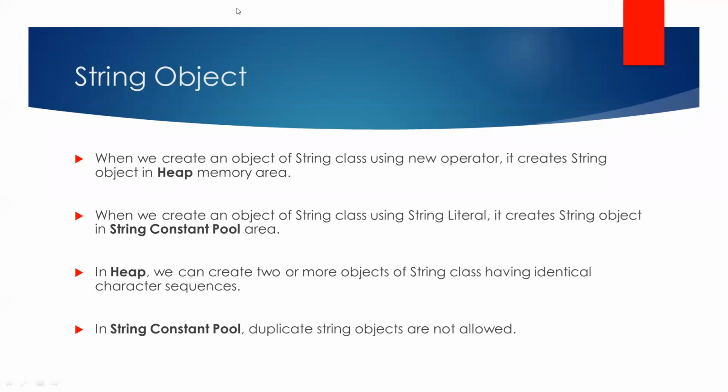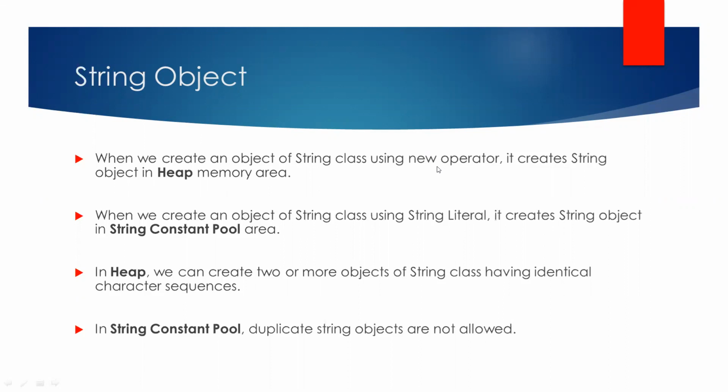When we create a string object, what happens in memory? These four points you have to remember. When we create an object of the String class using the new operator, it creates the string object in the heap memory area. As I have already shown you what a heap is and what a stack is, when we create any object with the help of new, that object is always created in the heap.